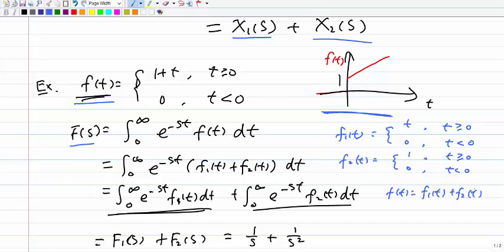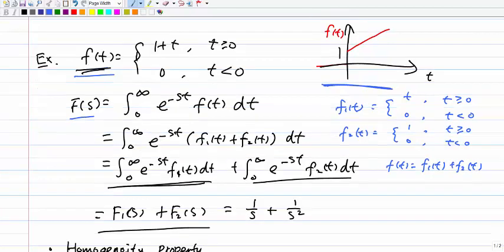That's fairly easy to find out. Naturally, by the linear property, the Laplace transform of f1(t) plus f2(t) is just the sum of the individual Laplace transforms.